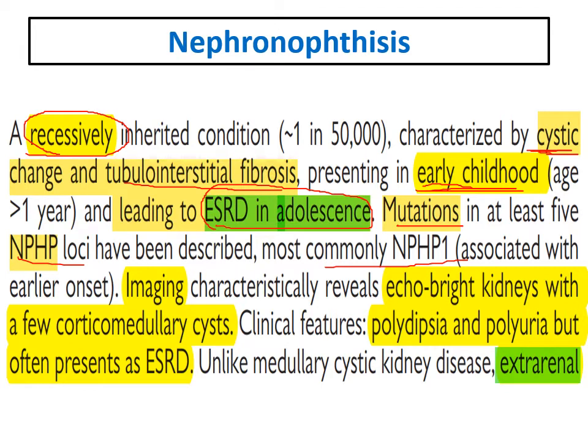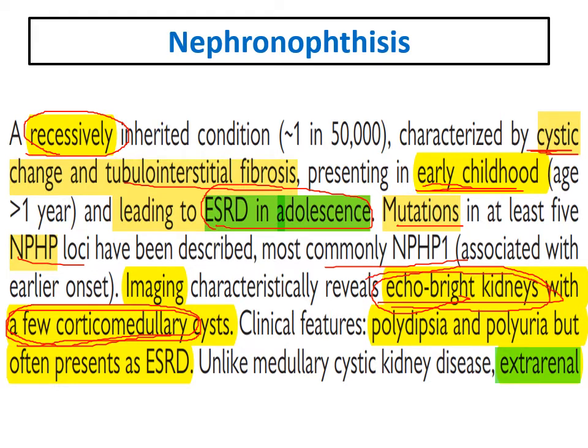In imaging, it gives a characteristic pattern of echo-bright kidneys with few corticomedullary cysts. Again, this is a characteristic pattern: the kidneys are echo-bright, with few corticomedullary cysts.